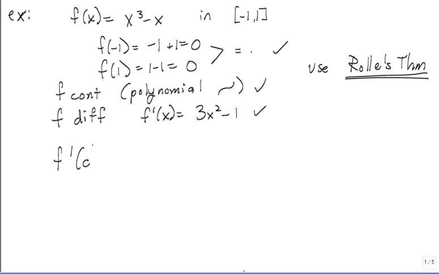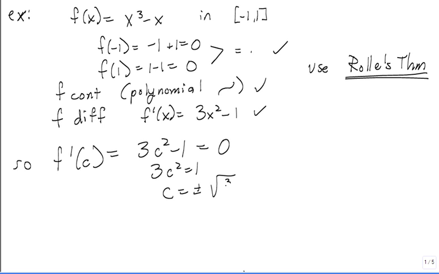So f prime of c is 3c squared minus 1. There's a point where that's equal to 0. That's what the theorem says. So c is plus or minus square root of 1/3, which is plus or minus square root of 3 over 3.